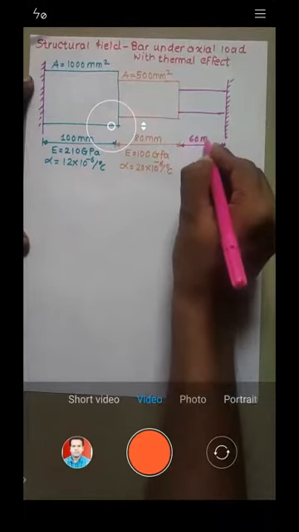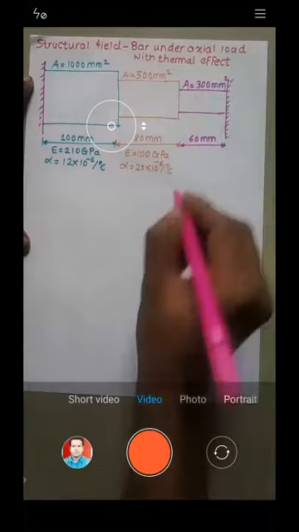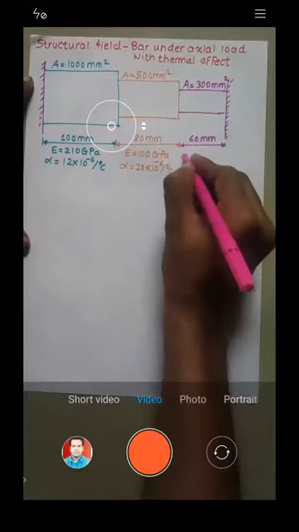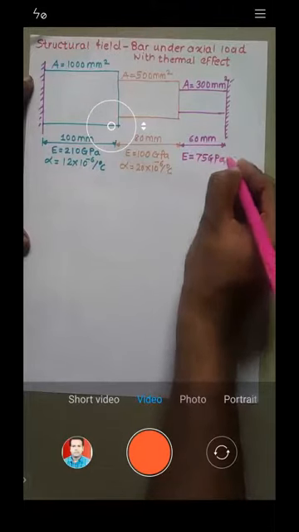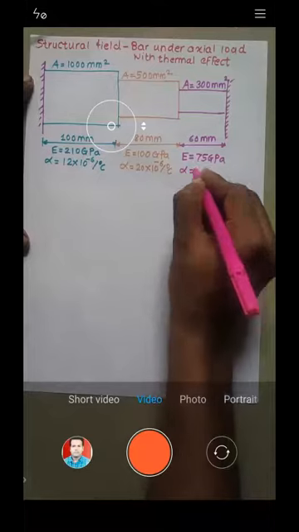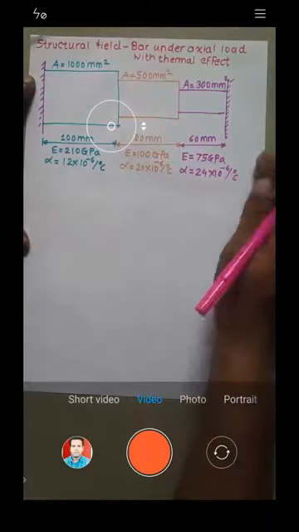It has a cross section area of 300 mm square, and it is made up of a material with value of E as 75 gigapascal and value of alpha as 24 into 10 raised to power minus 6 per degree Celsius. So this is the bar.